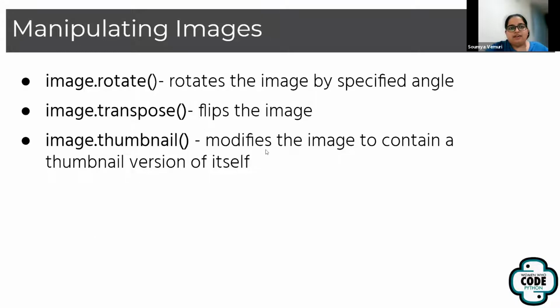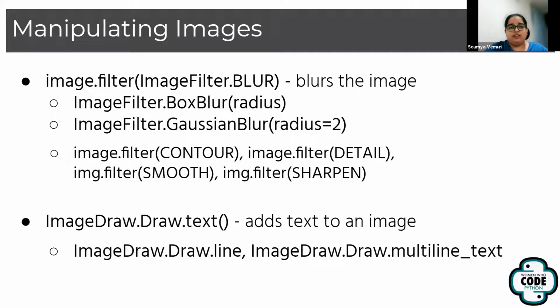We also have functions to manipulate the image, so we can rotate the image and flip the image. We also have a way to create a thumbnail, so we can modify the image into the size of a thumbnail version of itself. We also have ways to apply filters on the image.